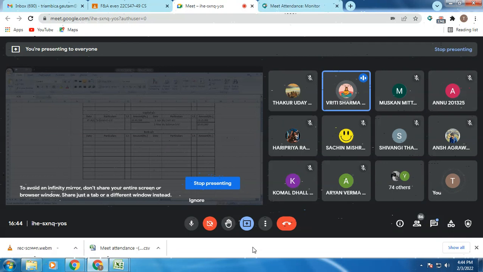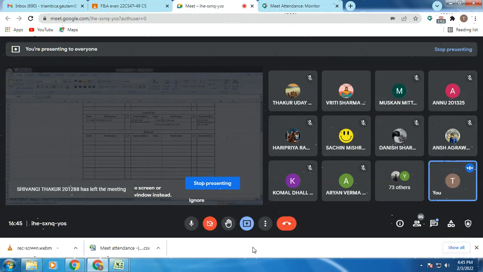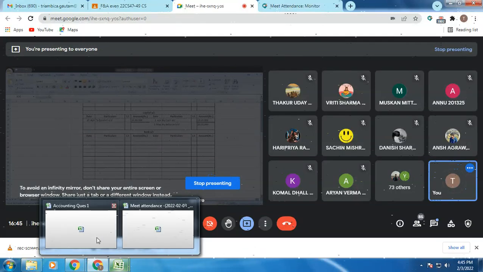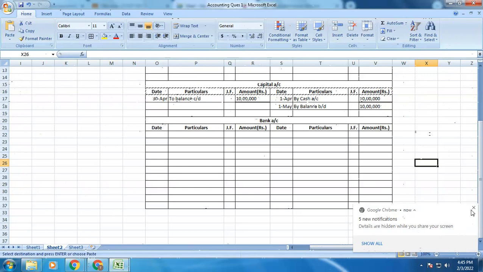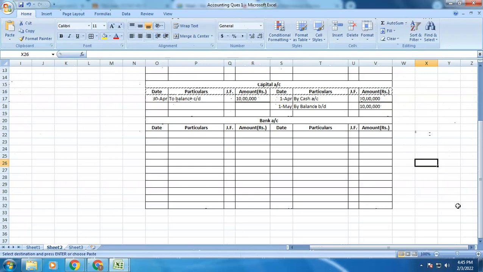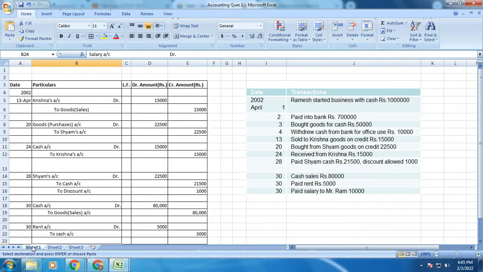Debit balance of 6,90,000. Okay, debit balance of 6,90,000. We have the first value here. Anybody else who's completed? So the first journal entry was cash account to capital.